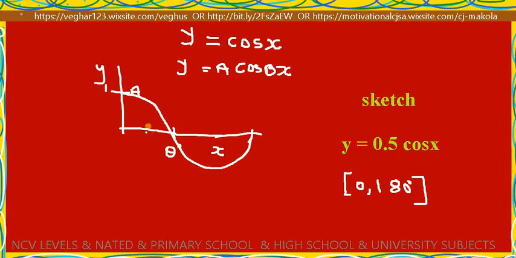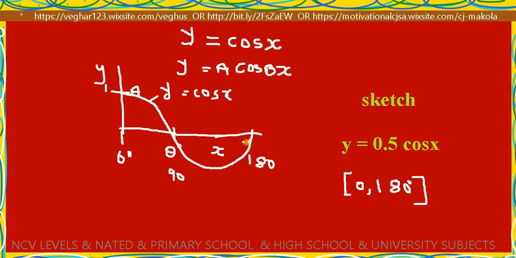So this is a graph of course without any transformation, you can say it's y equals cos. So there's no transformation or addition of transformation. Here it's 90 degrees, here it's 180 degrees, and here it's 0 degrees. So it will continue like this.